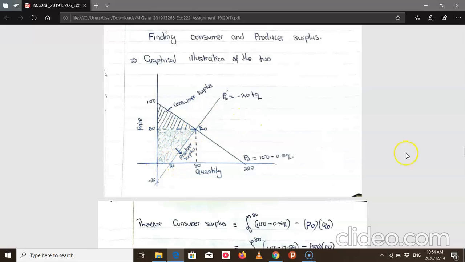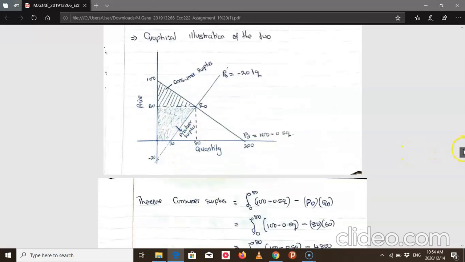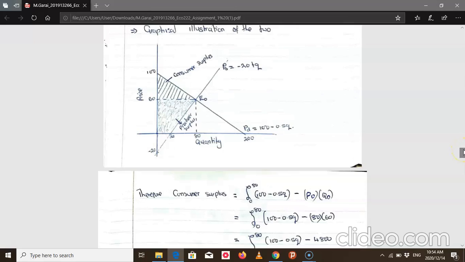But for us to find the consumer surplus, you should understand what we mean by integration. Ignore the supply line for now. If we are given a line like this and told to find the area, if we integrate the demand equation, 100 minus 0.5Q, between 0 and 80, we get the area of this trapezium.